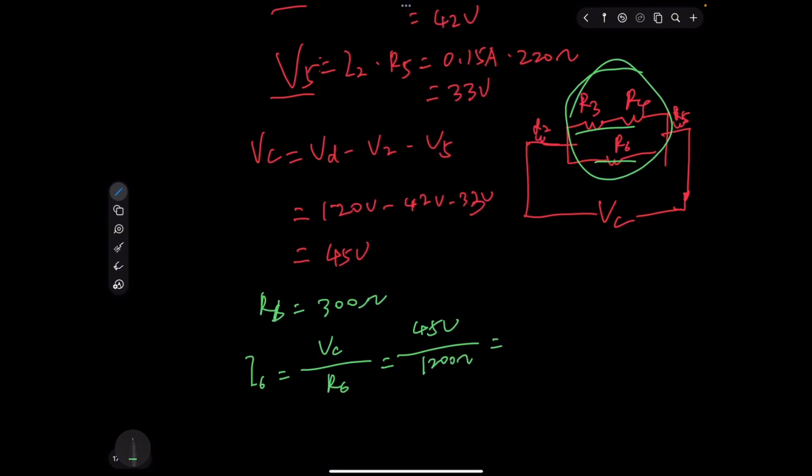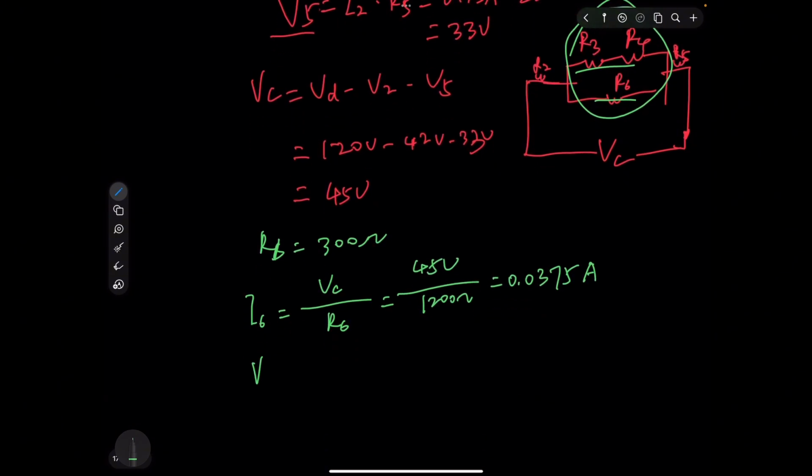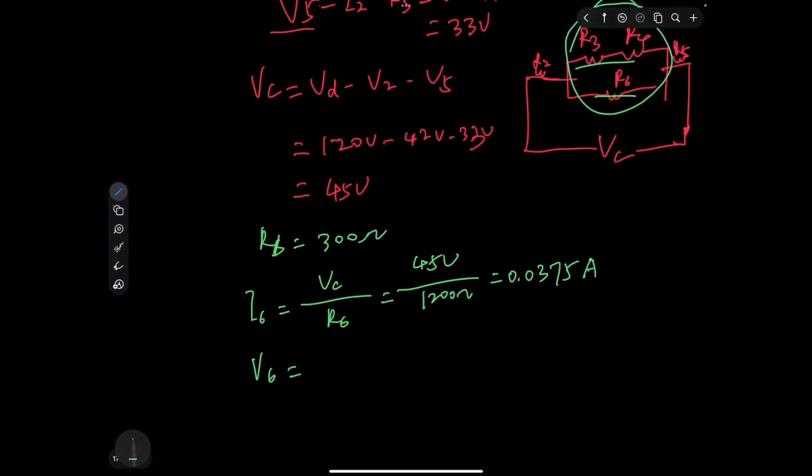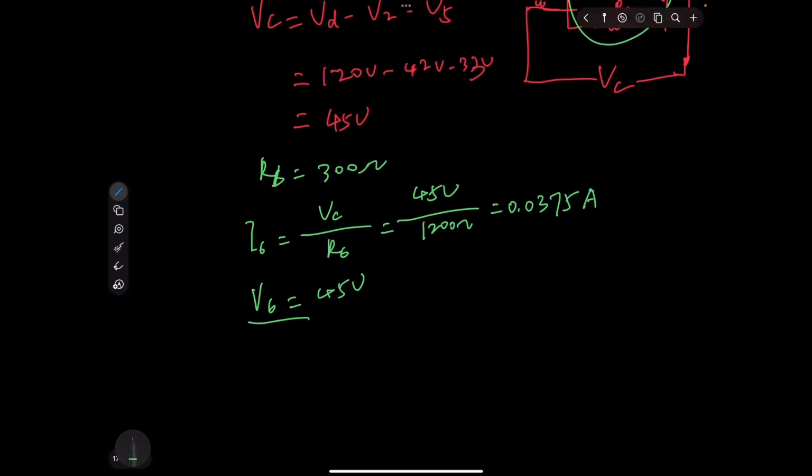That will give us 45 divided by 1200, which is 0.0375 amps. That'll be the current there. And V6 basically is VC, 45 volts.